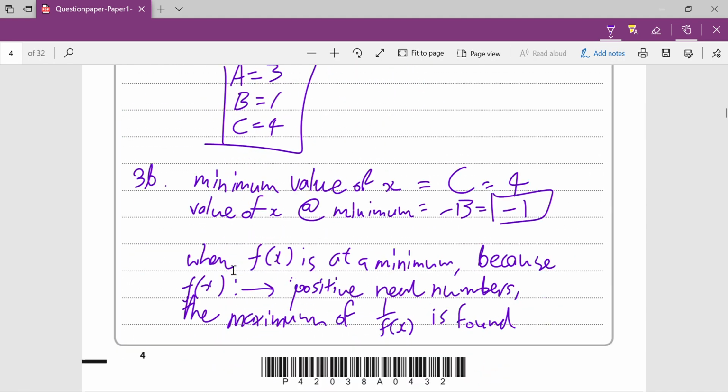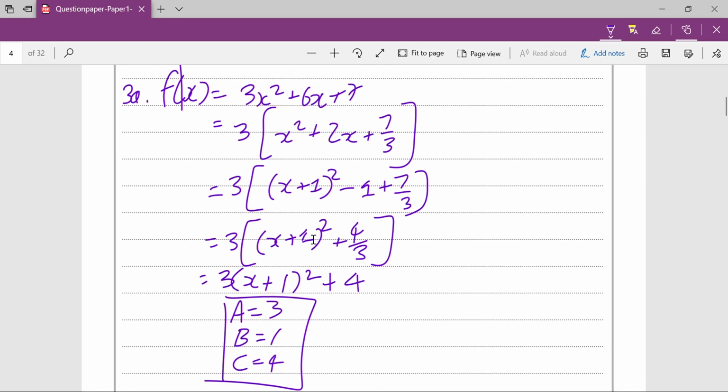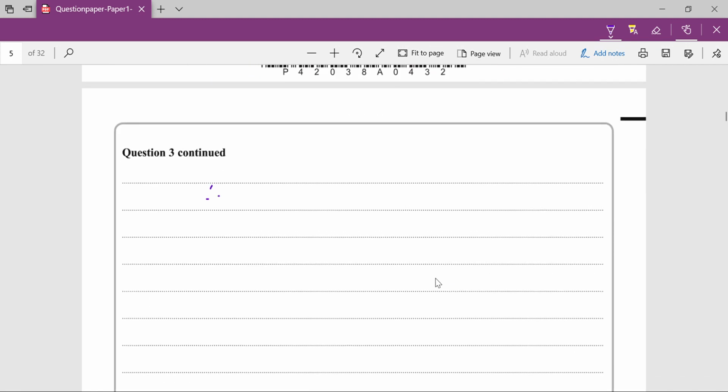So, in conclusion for this argument, the value of x for which 1 over f(x) is a maximum would be the value of x for which f(x) is at a minimum, which would be -b, which would be -1.